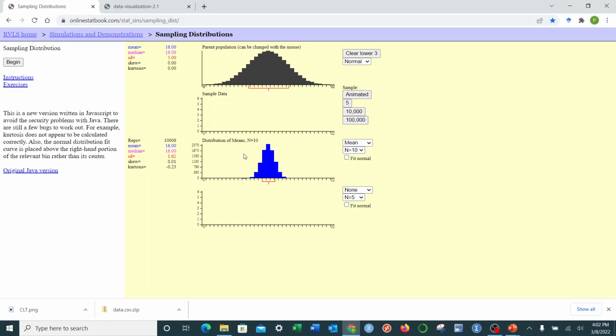And so what we see down here is that our sampling distribution has its own mean and its own characteristics. This is just a really powerful tool to show us how we might visualize what a sampling distribution is. And in this applet, you can even change the shape of your parent population.